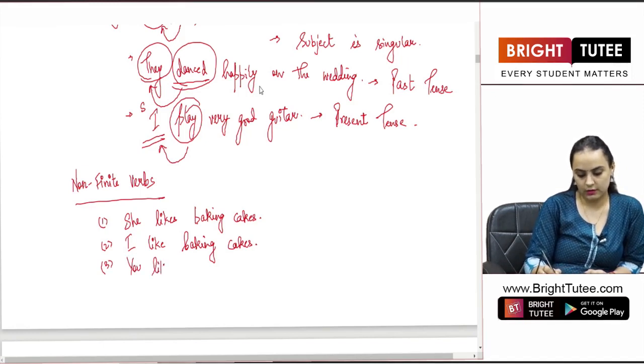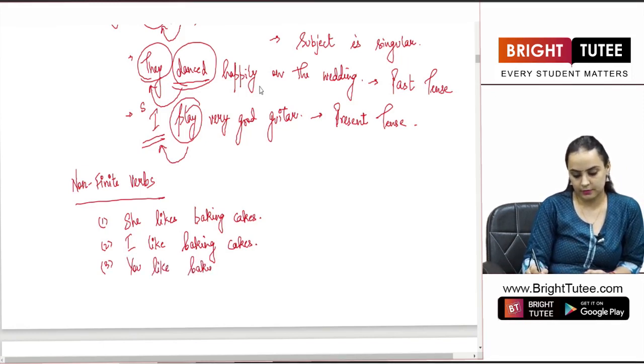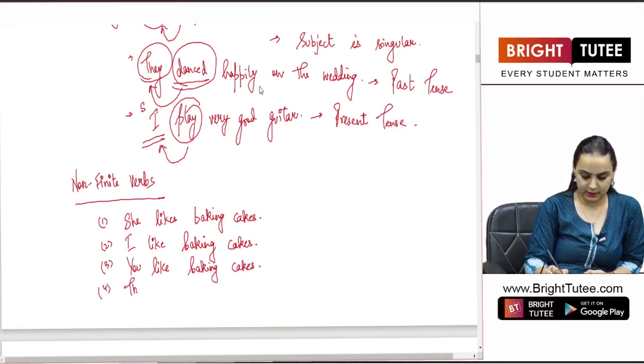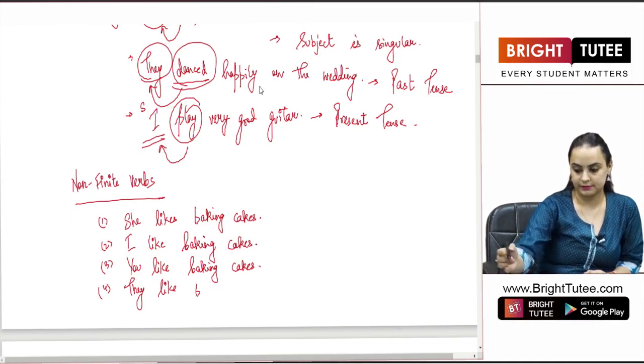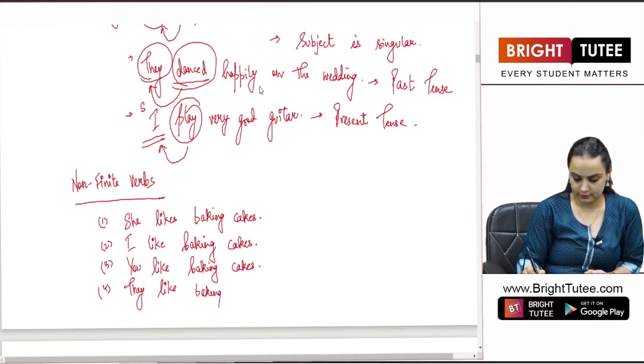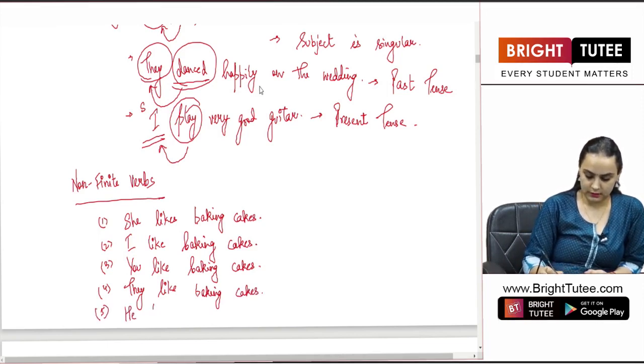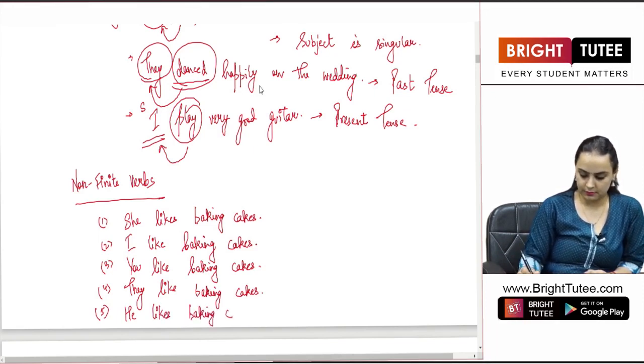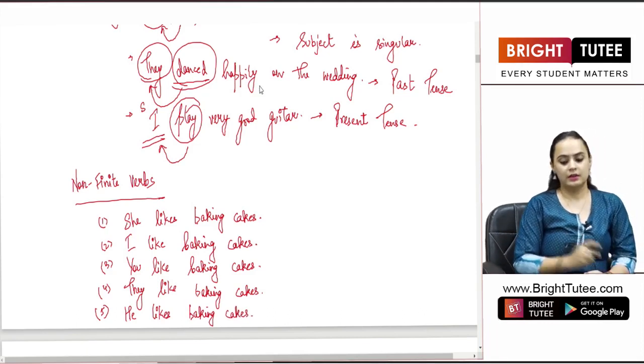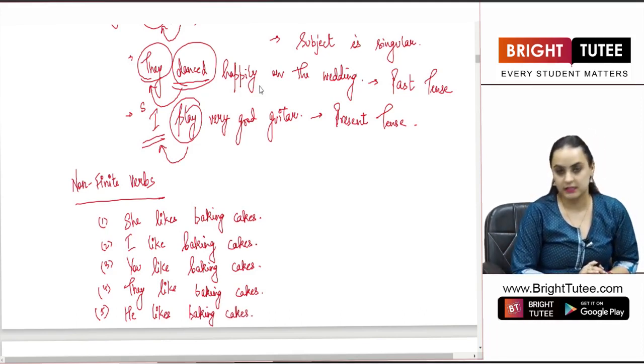You like baking cakes. They like baking cakes. He likes baking cakes. Now, what did you observe in all these sentences that I've written on the screen for you?